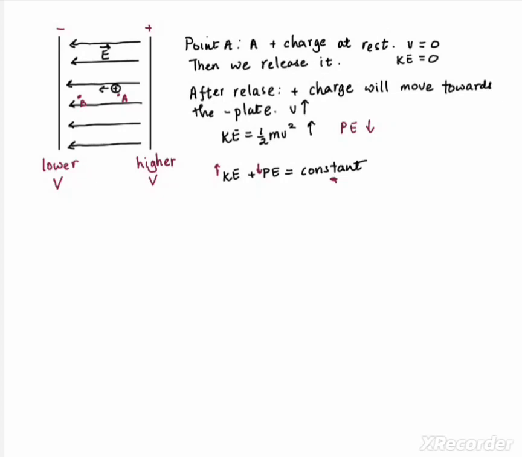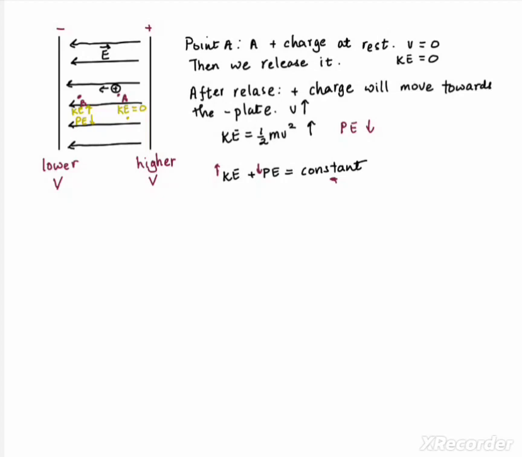So when we are moving from A to B, we have a positive charge here. Kinetic energy is 0 because it started at rest, and then kinetic energy increased here, and potential energy decreased. We had some potential energy here, and when it moved from A to B, it decreased the potential energy.